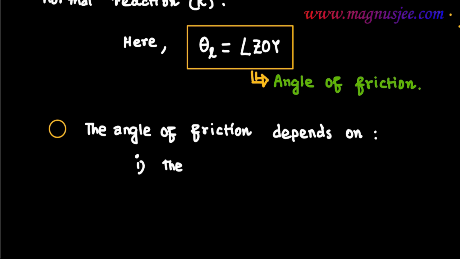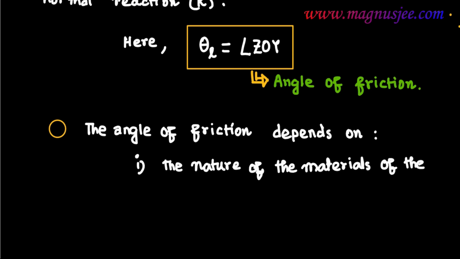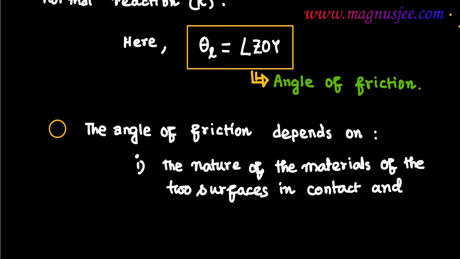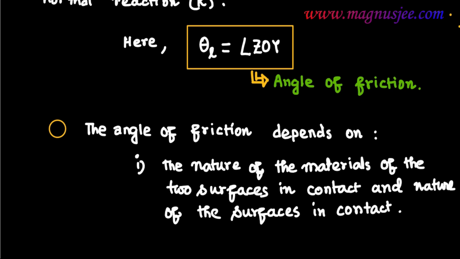Number one, the nature of the material of the two surfaces in contact, and the nature of the surfaces in contact.